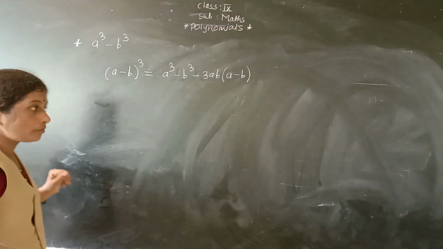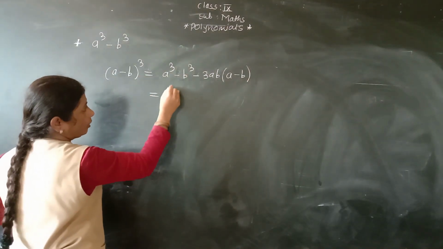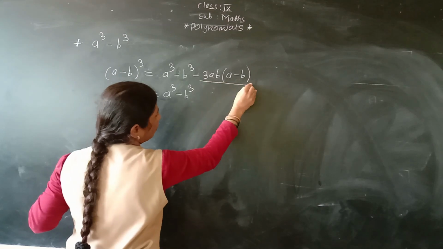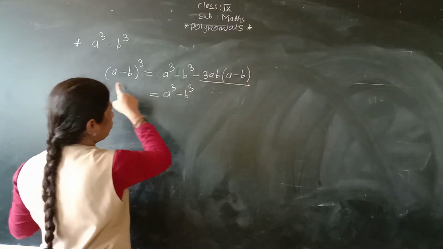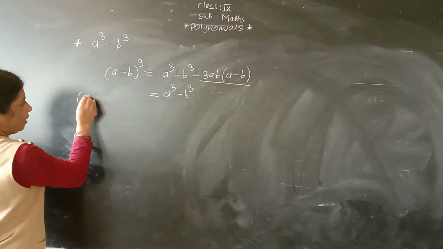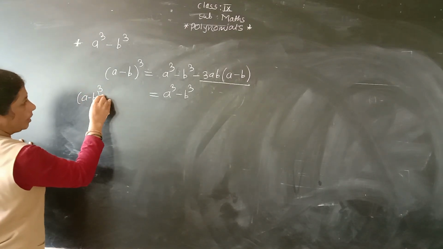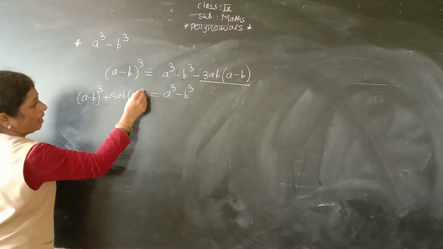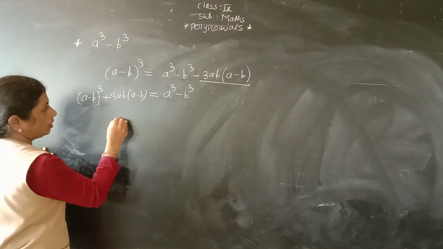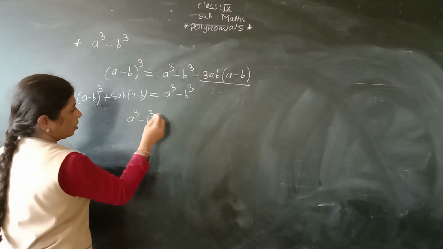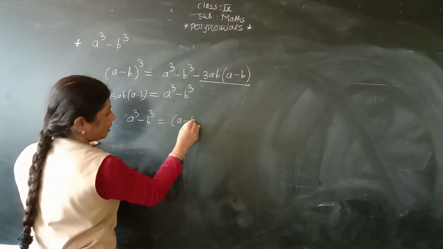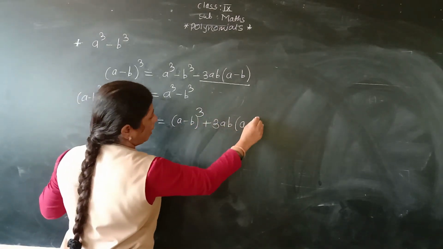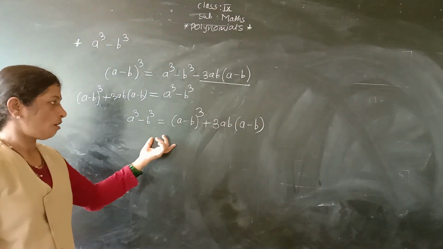To find a cube minus b cube, we shift the term minus 3ab in bracket a minus b to this side, so the minus sign becomes plus. So a cube minus b cube equals a minus b bracket cube plus 3ab in bracket a minus b. Such an expansion we learned already yesterday.